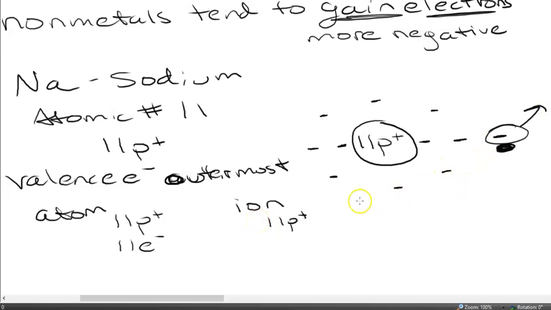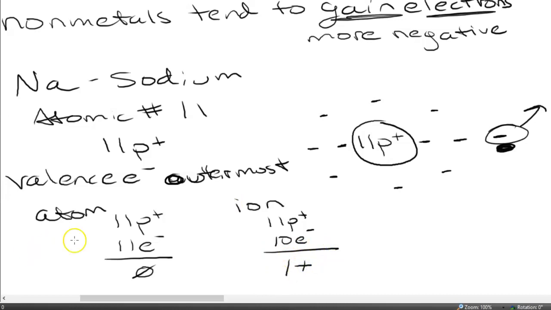And so instead of having 11 electrons, now it's only going to have 10 electrons. If I add these up, I have 11 positives and 11 negatives, so the overall charge would be neutral, or 0. But when the sodium atom becomes an ion, now it has 11 protons and only 10 electrons. It's got one extra positive charge. So now it has a charge of +1.